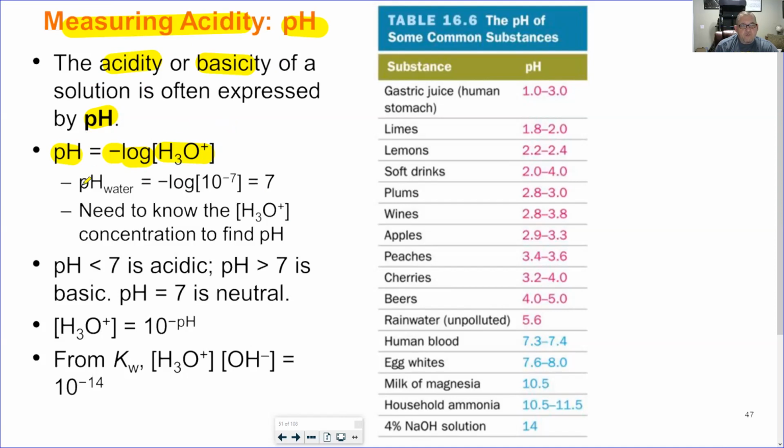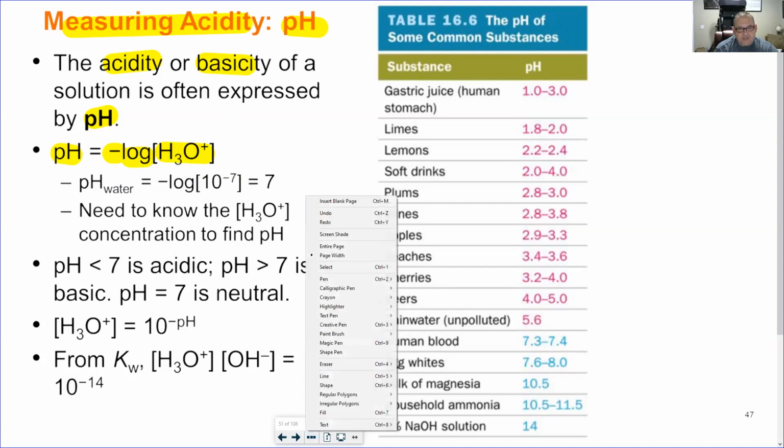So if we look at what is the pH of water itself, pure water has a hydrogen ion concentration, we said, of 1 times 10 to the minus 7th. So the negative log of 1 times 10 to the minus 7th is 7.